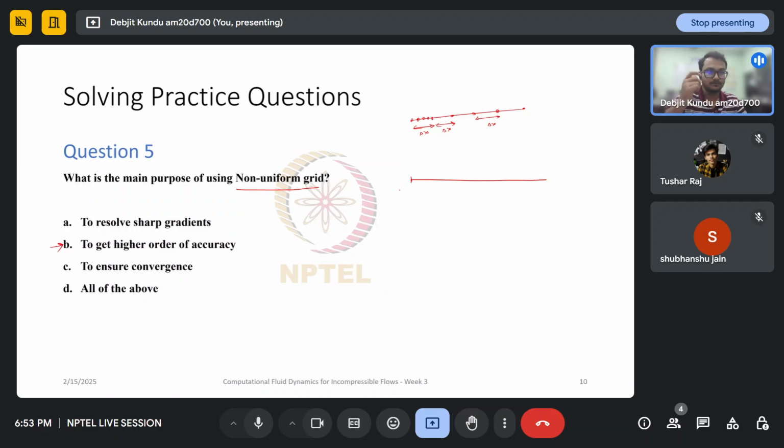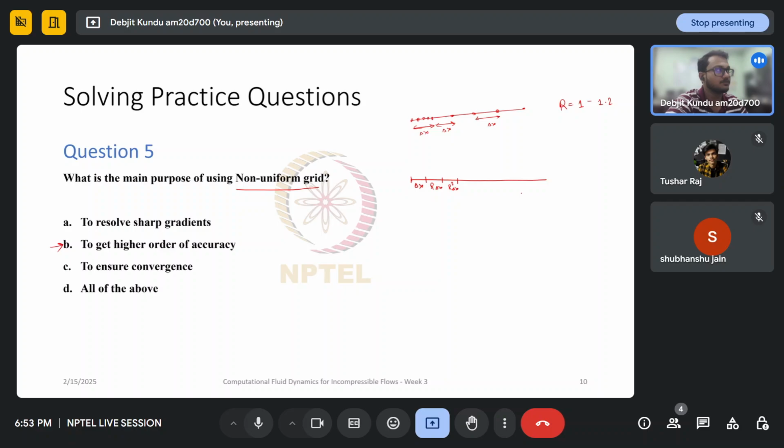So one way in which non-uniform grids are made is that you specify a certain change factor, or expansion factor, between the two spacings. Let's say if the first one is delta x, then the next one would be r delta x, and the next one would be r square delta x, and so on. And r is usually a small number between 1 and 1.2.